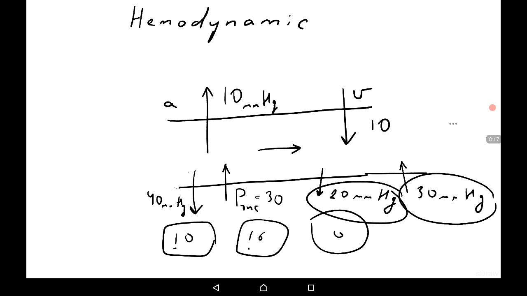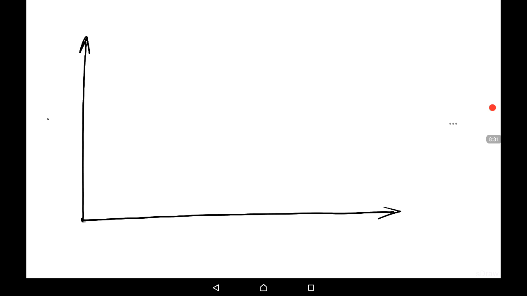It should be optimal. So let's discuss some hemodynamic parameters of the cardiovascular system. We will draw the graph. On that graph, we will show the different types of blood vessels.